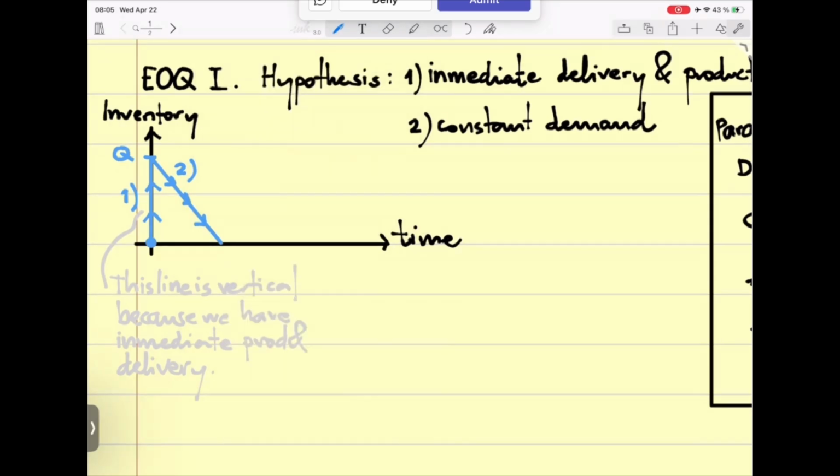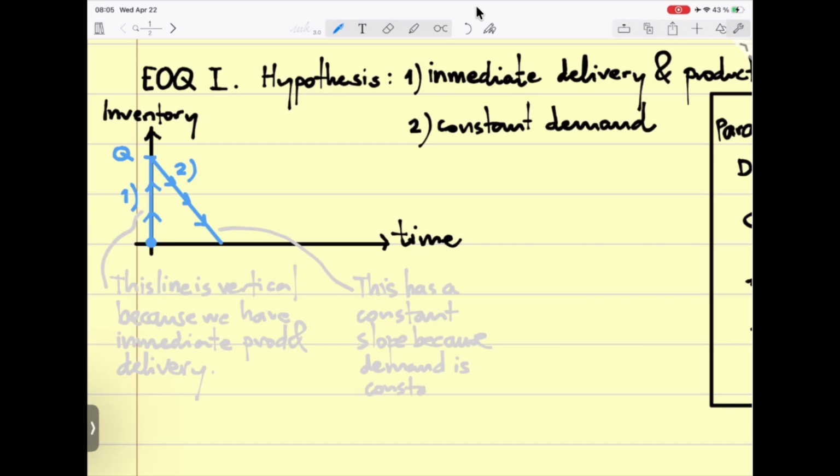So here the second remark, here this has a constant slope because demand is constant. Okay.